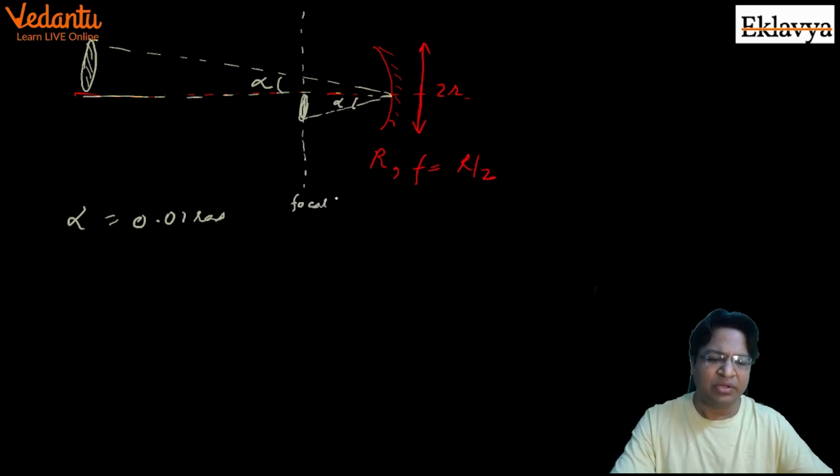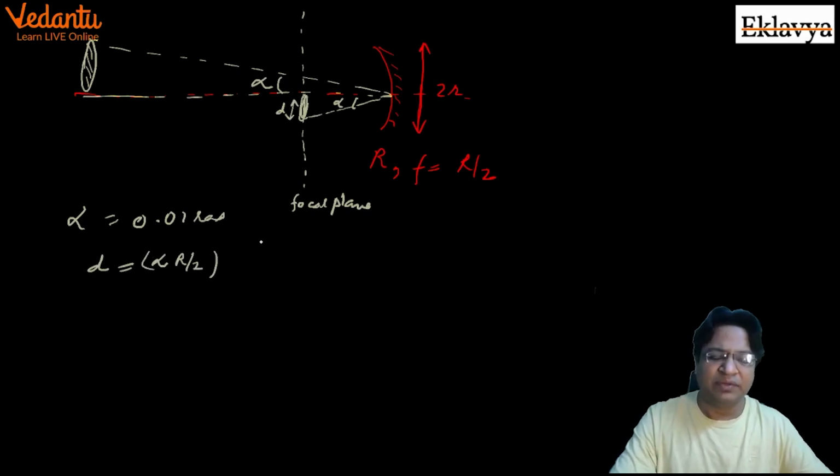If I say the diameter of the image is small d, then small d would be equal to alpha times the focal length, that is R by 2. So this is the diameter of the image.